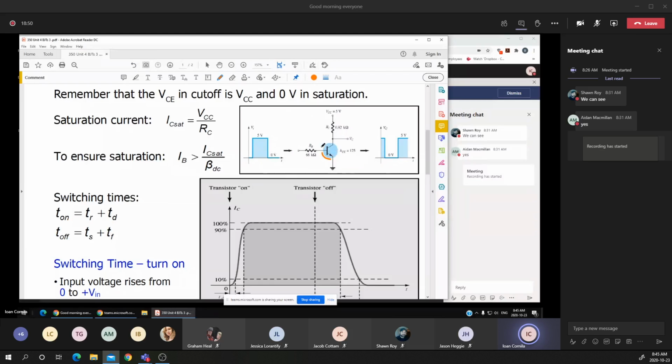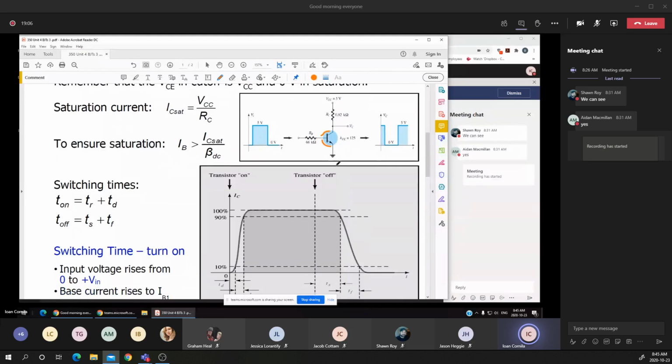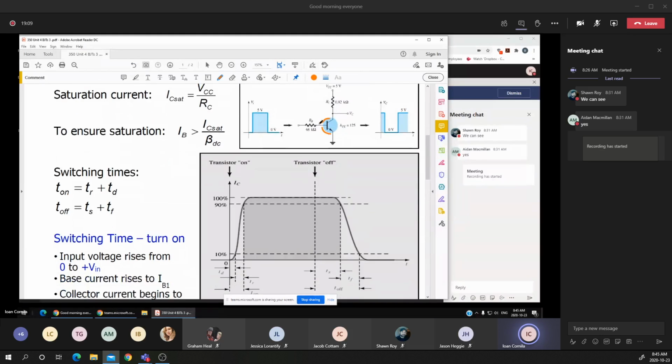The junctions, base-emitter and base-collector, always have a small capacitance. That small capacitance will affect the shape of the output voltage at high frequencies. At low frequencies it is not affected because this capacitance is very small. But at high frequencies, that's actually the limitation for transistors when used as a switch.